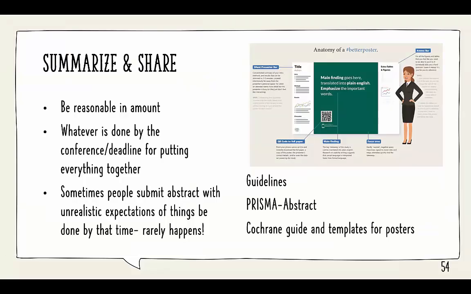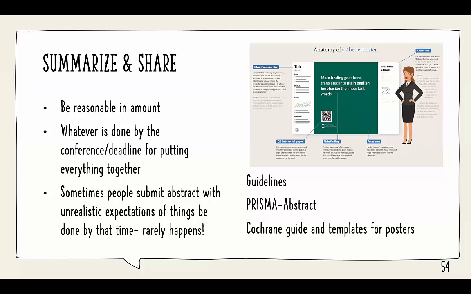So there's a couple of guidelines that they might think about. There is a PRISMA standard just for abstracts, so that might be helpful when they're trying to submit that abstract to a conference. And then there's also a Cochrane template that's for posters.